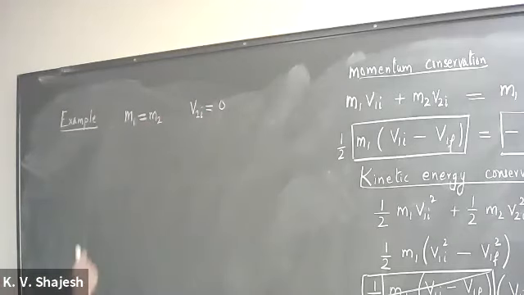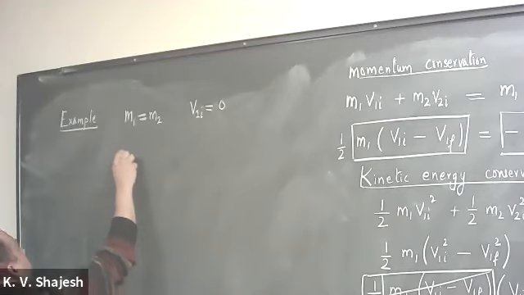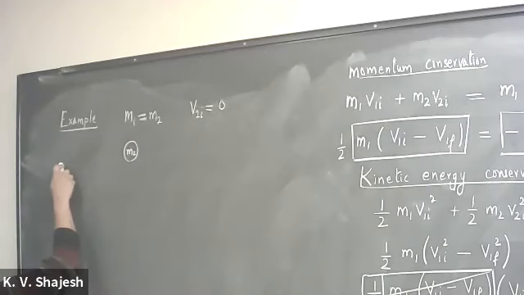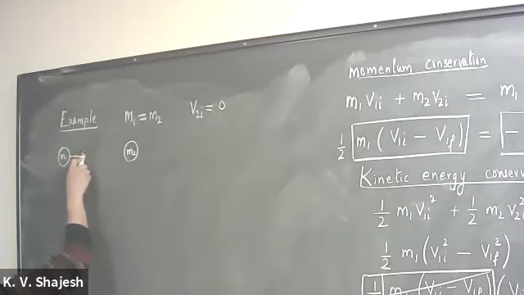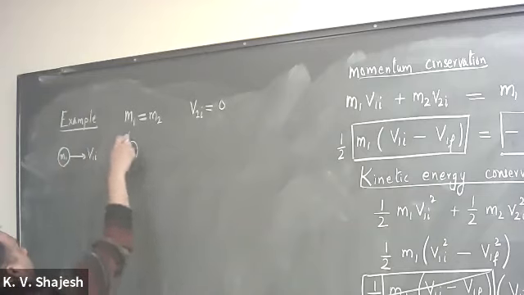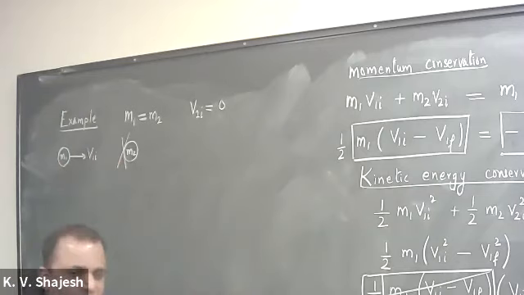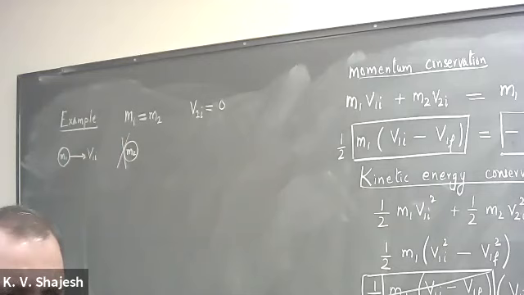So you have a mass m2 which is at rest, and m1 is coming with a velocity v1 initial and colliding with it. And the question is, after the collision, what happens? We would like to know what happens.